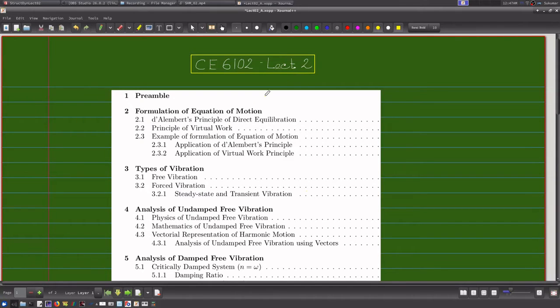So in this lecture we will first see how to formulate the equation of motion or equilibrium equation of a dynamic system, and then we will study the different types of vibrations, and then the analysis of undamped vibration and damped vibration.